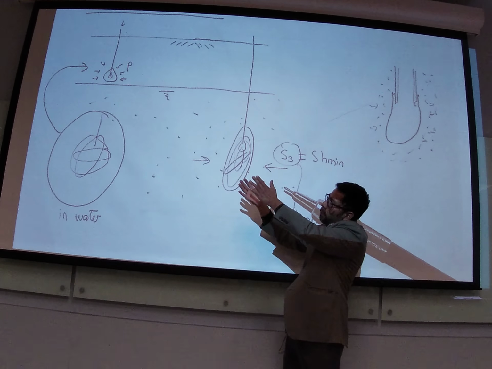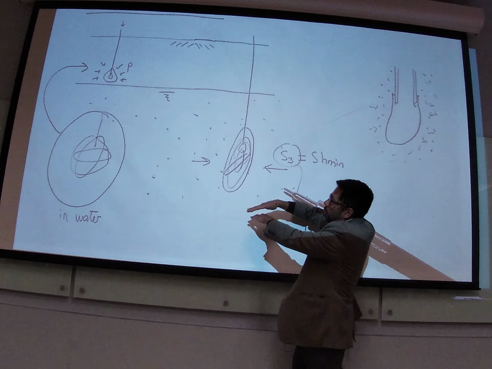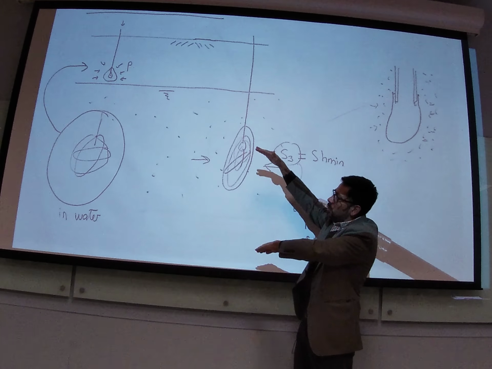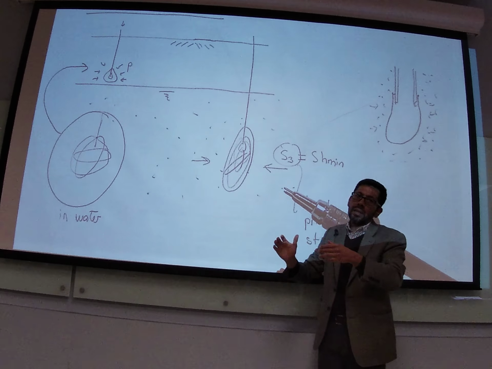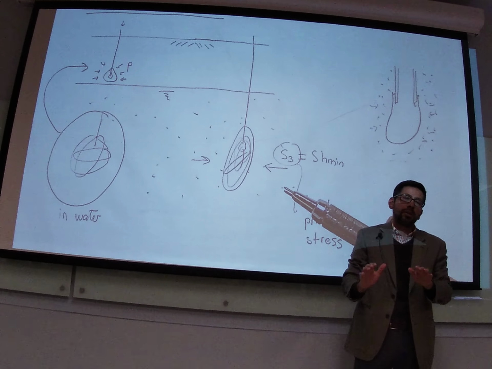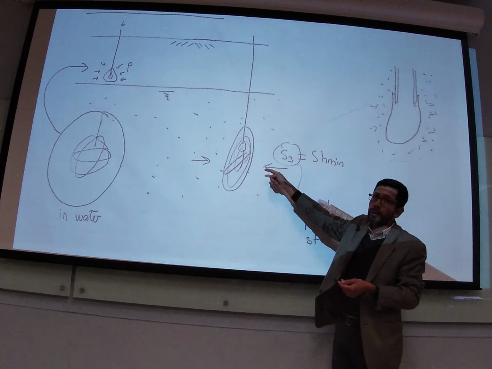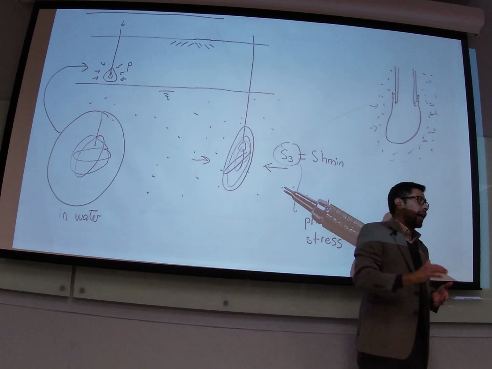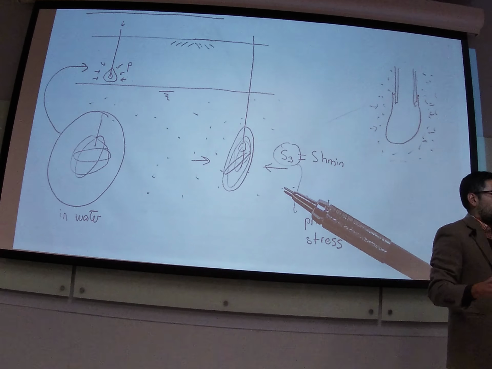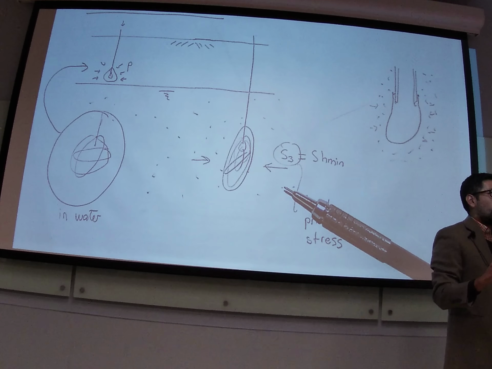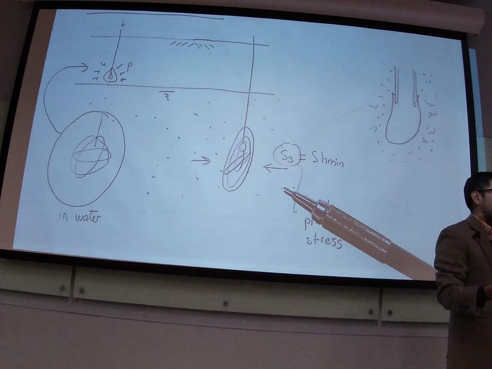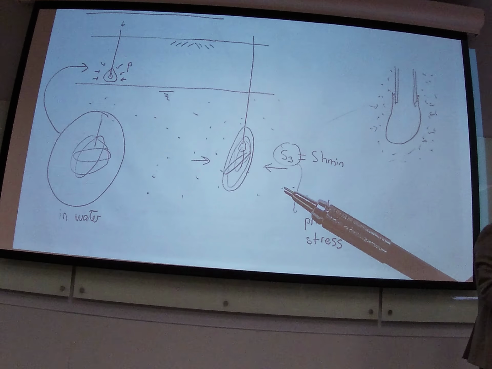It's not going to open up in this way, it's not going to open up in that way, because in this case and in that case, it has to overcome a larger stress. Why would you overcome a larger stress if you can just overcome the lowest stress? So all these types of openings, and we'll see later that it's the same with hydraulic fractures, open as a plane perpendicular to the least principal stress.